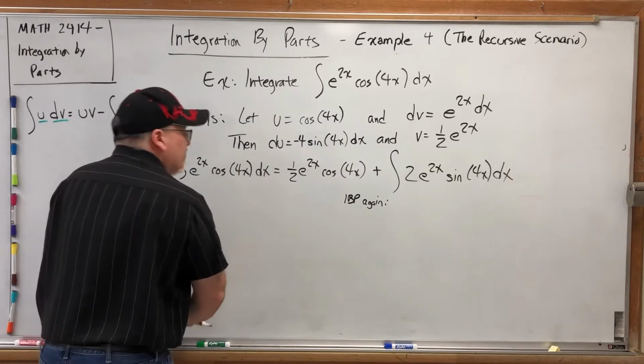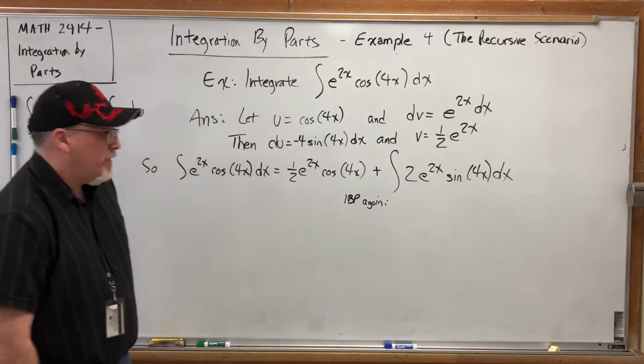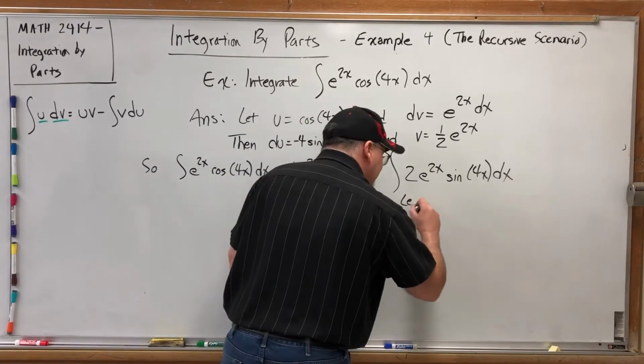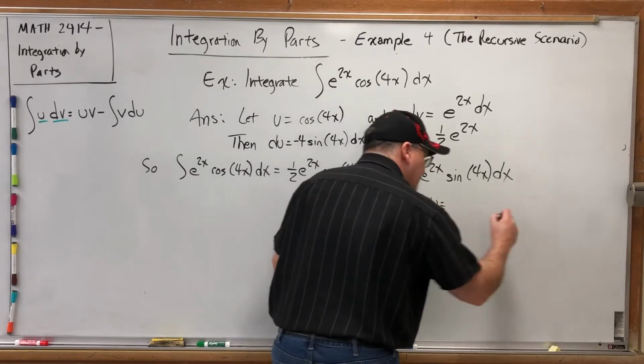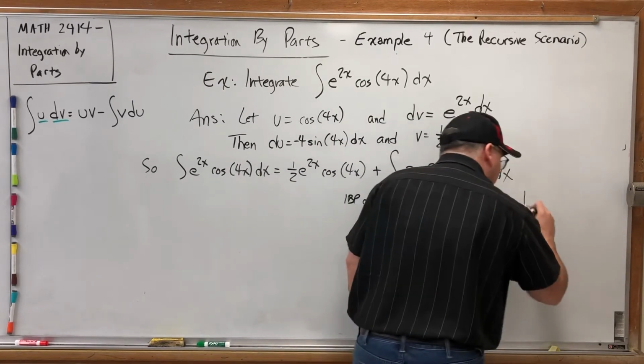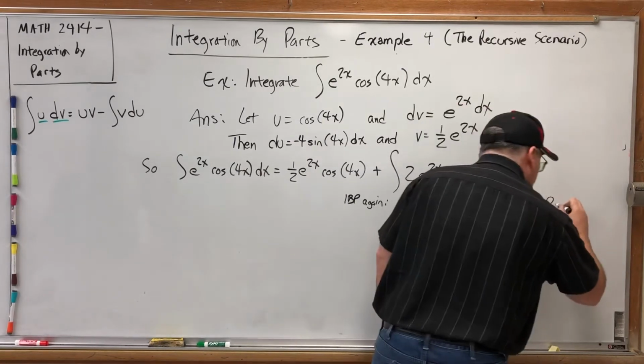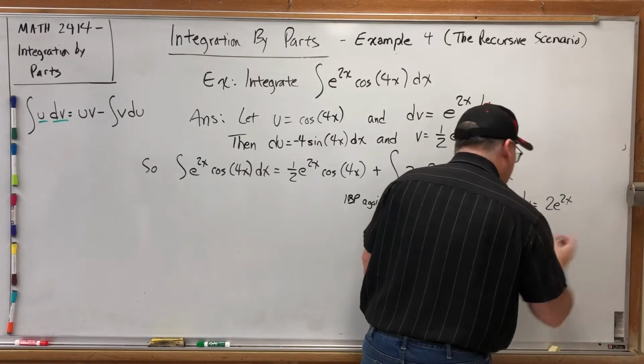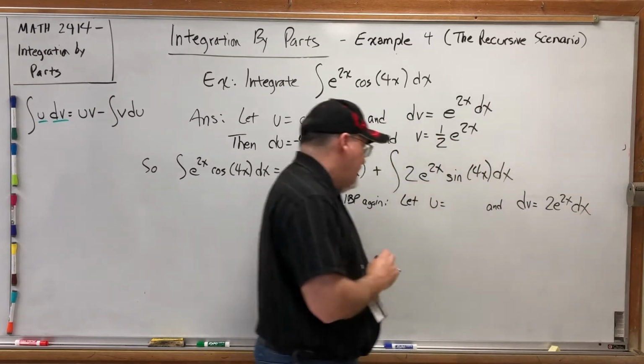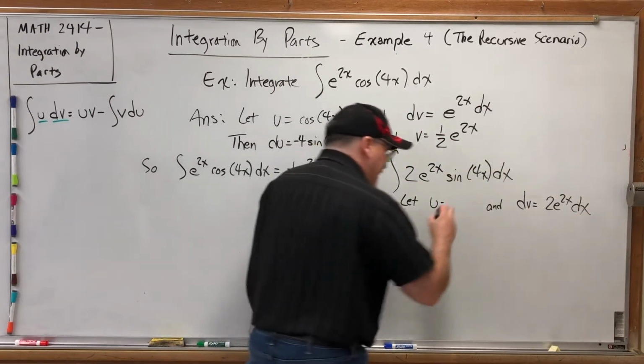No reason to change the decisions that we made before. Let's let dv be the e to the 2x. In fact, let's bring the 2 with it: 2e to the 2x dx. And let's let the u be sine of 4x.